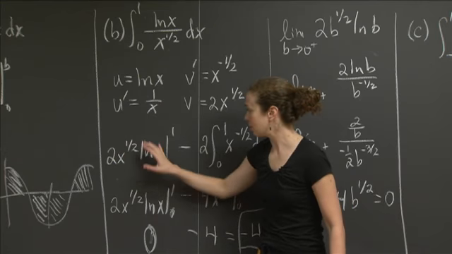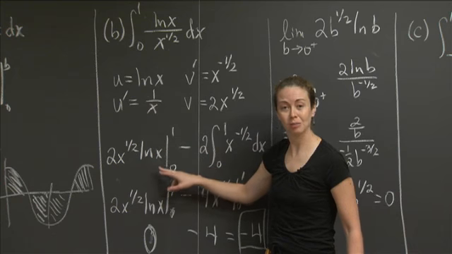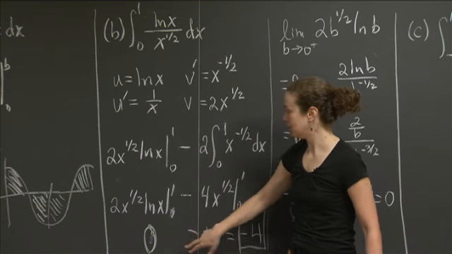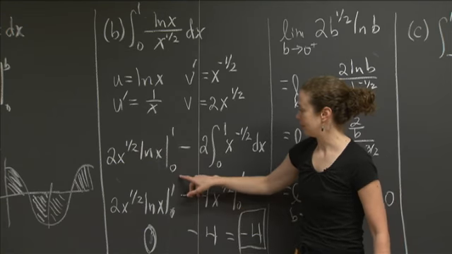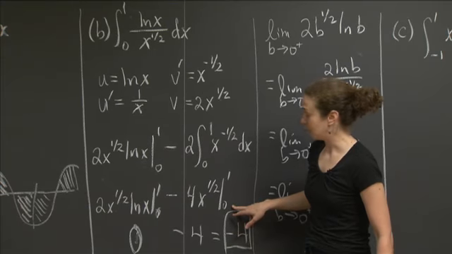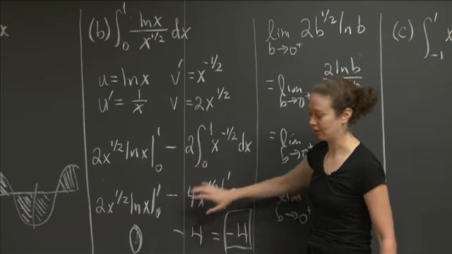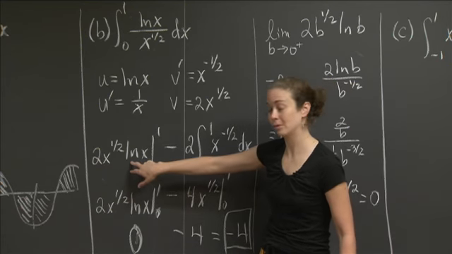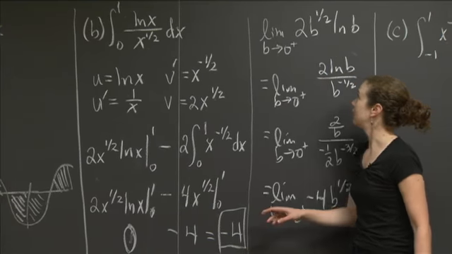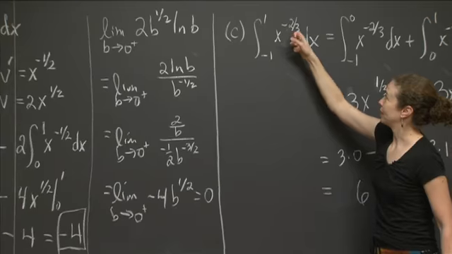Using L'Hopital's rule, this actually has a finite value at each endpoint. It converges to 0 when you put in these bounds. And then you have a fixed value for this one when you take that integral. So you ended up with another integral that was improper, but you could show it converged. And then you could use L'Hopital's rule to find what happened at these endpoints, and you get a value of -4.